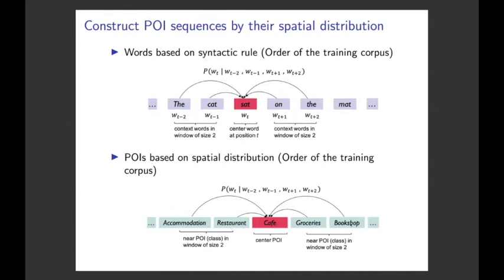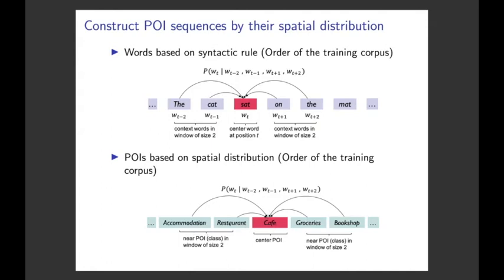Imagine this is a straight line, and all the blocks refer to POI points. We can set a window size for how many surrounding POIs we want to include in the training process.